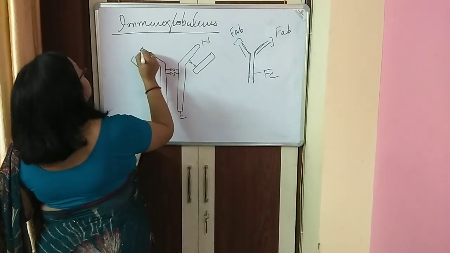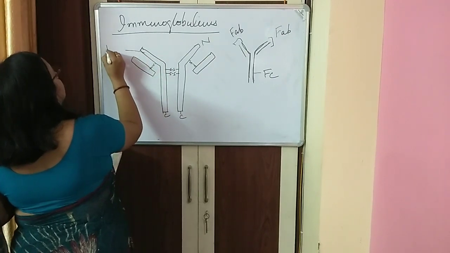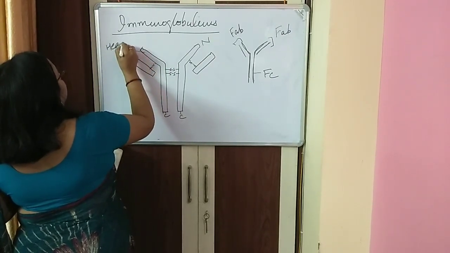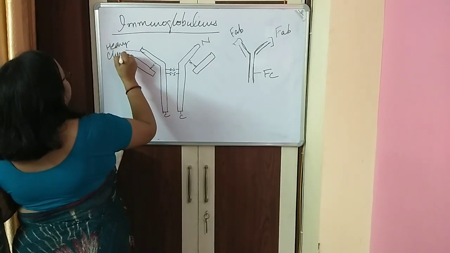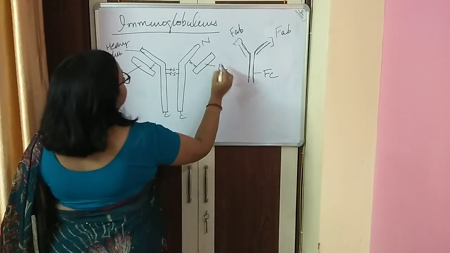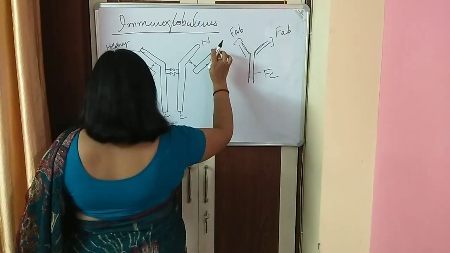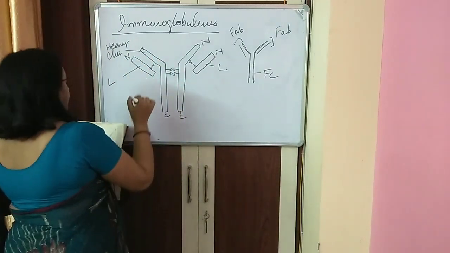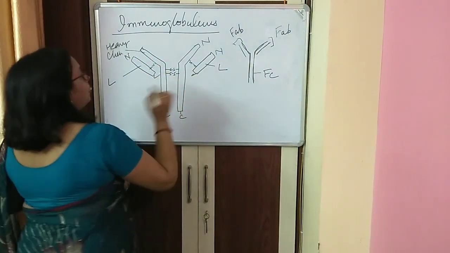This is the heavy chain, and this is the light chain. These are light chains here also, N terminal and N terminal, and C and C.